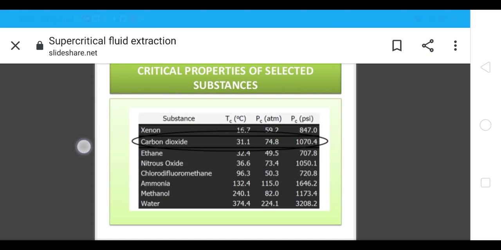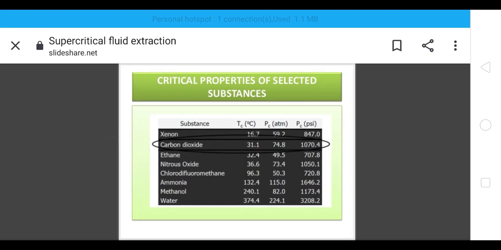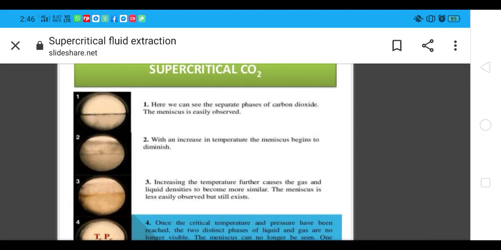Both are low, so it is easy to achieve. The critical temperature is 31 and the critical pressure is 34. So it can be easily achieved while doing extraction. That's why.